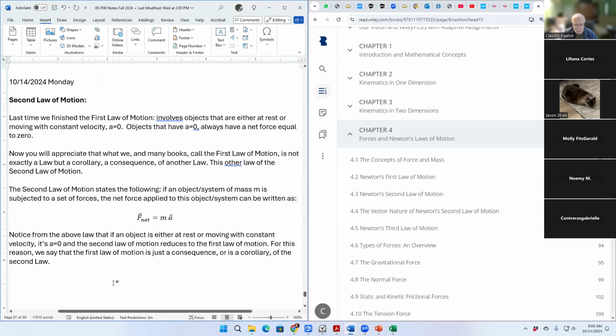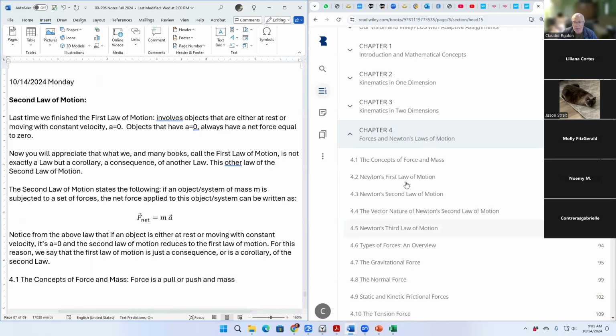Okay, so what we covered so far, the concepts of force and mass, okay? Force is a push or a pull. Force is a pull or push.